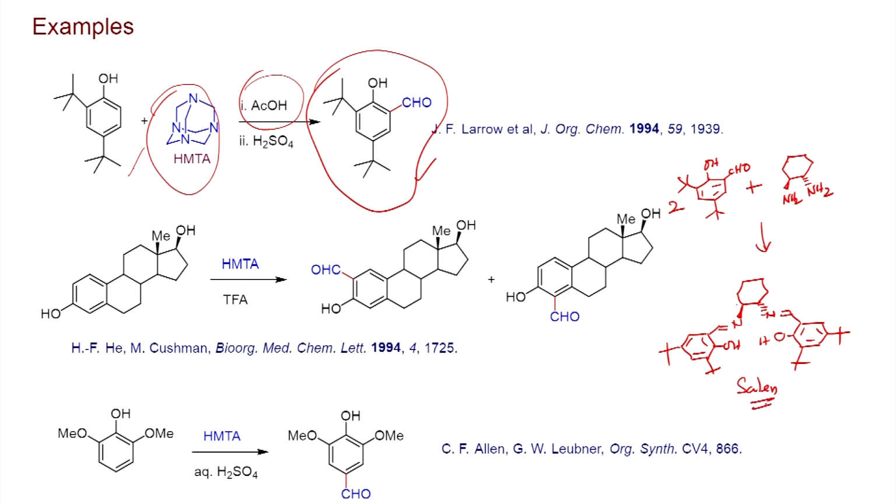Once you form this one, when you react with metals like manganese acetate and cobalt acetate, they can undergo complex formation.